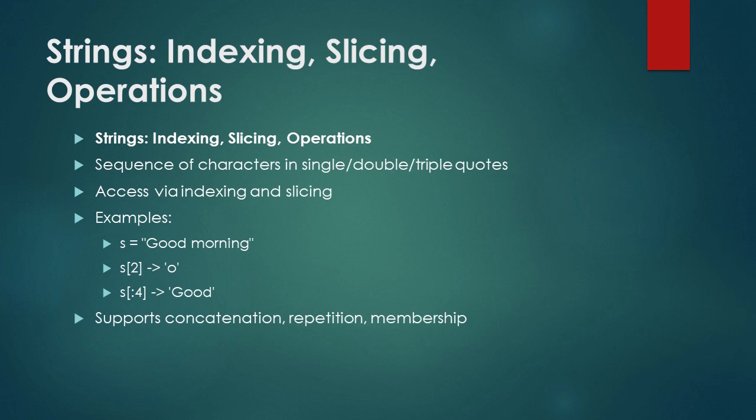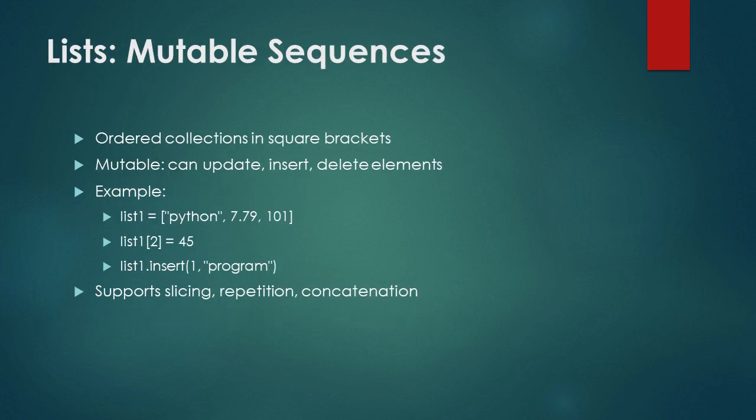So the next is iteration. Loops allow the repetitive execution of code blocks. The while loops are used when the number of iterations is not known. For loops are used for definite iteration, especially over a sequence like a list or range. Let's understand their syntax and working with flowcharts and examples.